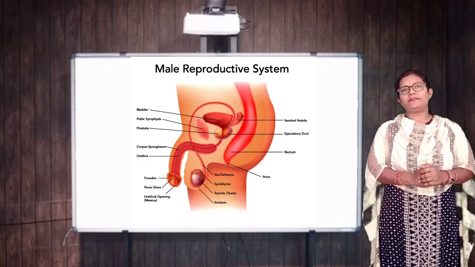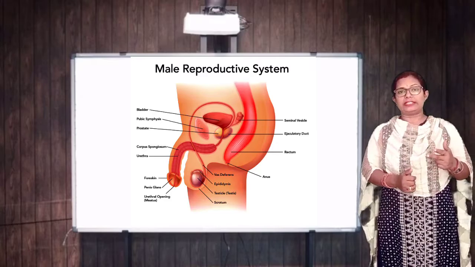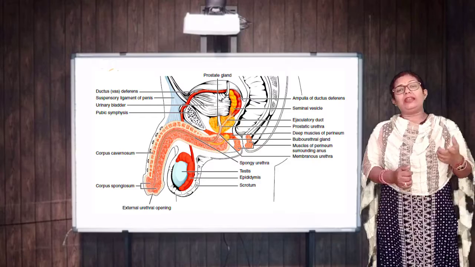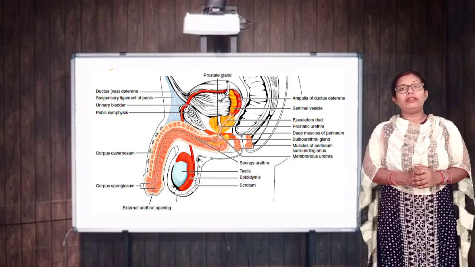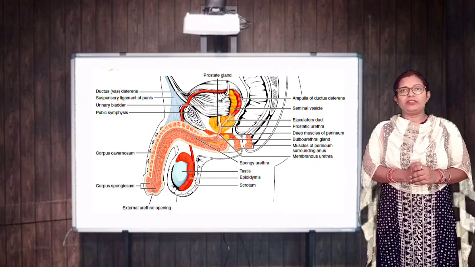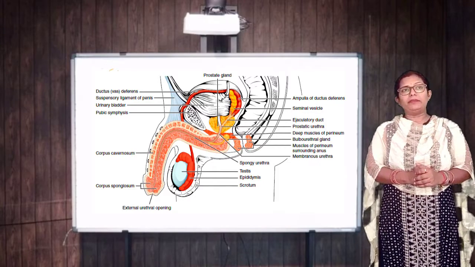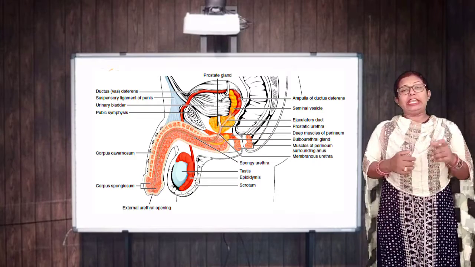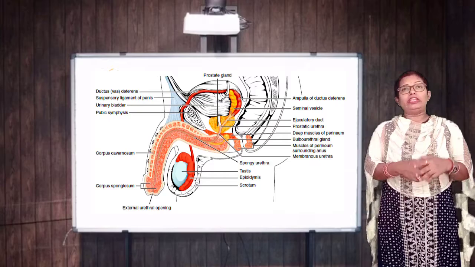The male reproductive system consists of 2 testes, sperm ducts, various accessory glands and a copulatory organ called the penis. Testes are the male reproductive organs, 2 in number. Testes are located outside the abdominal cavity in a skin sac called the scrotum.